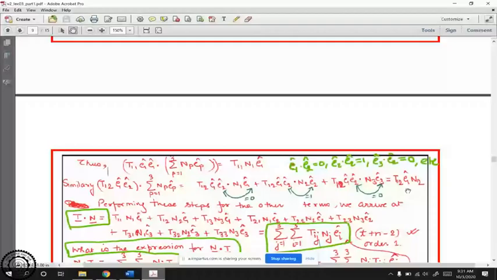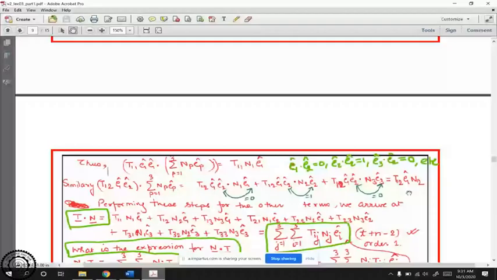By this time you can start recognizing the pattern. Actually, there is a pattern. What is the pattern? For T11, this unit vector is e1, so n1 is retained here and e1 is retained. This e1 retained is from this side. Here e1 will be retained, and this unit vector will dot, so n2 will come.